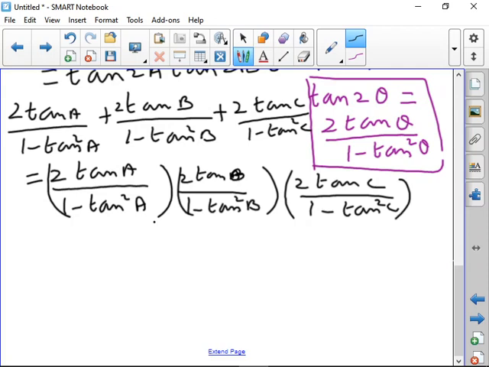Now we have assumed that tan a is equal to x.